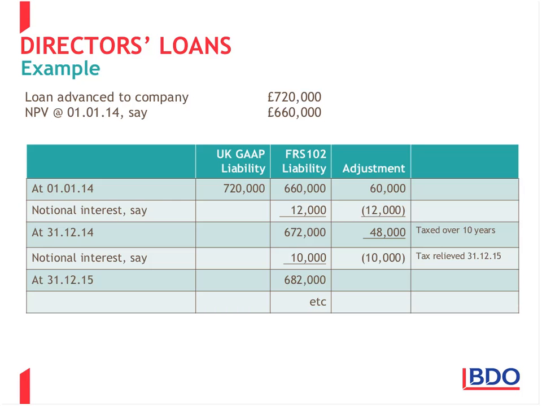So, at 31/12/2014, we've charged some interest on that loan of £660,000 to take it up to £672,000, but there is an adjustment required to get from £720,000 to £672,000. The £48,000 is the transitional adjustment to the historic figures. That is taxed over 10 years. In 2014, the £10,000 interest is tax relieved.